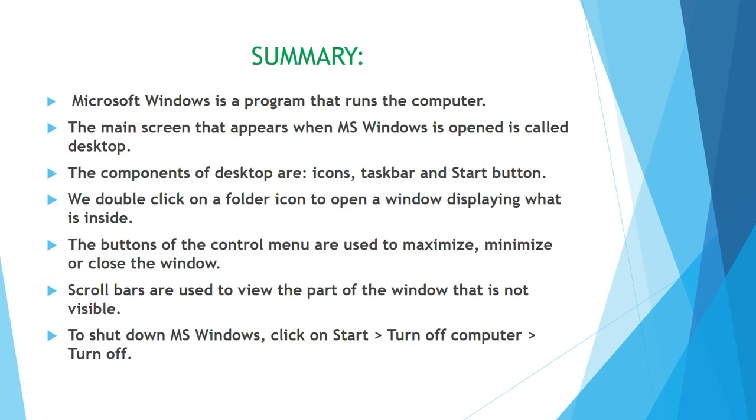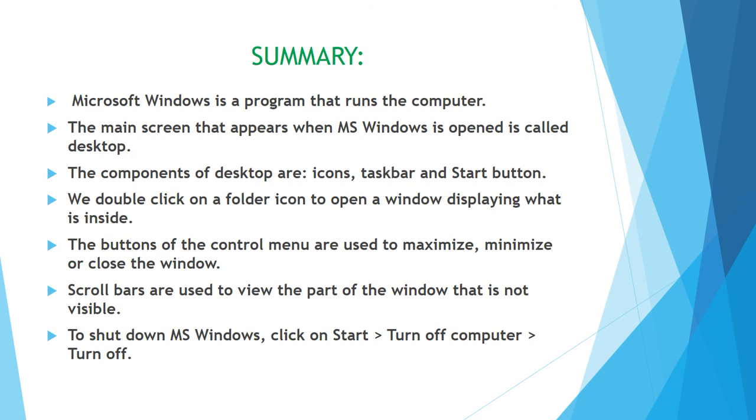We double click on a folder icon to open a window displaying what is inside. The buttons of the control menu are used to maximize, minimize, or close the windows. Scroll bars are used to view the part of the window that is not visible.